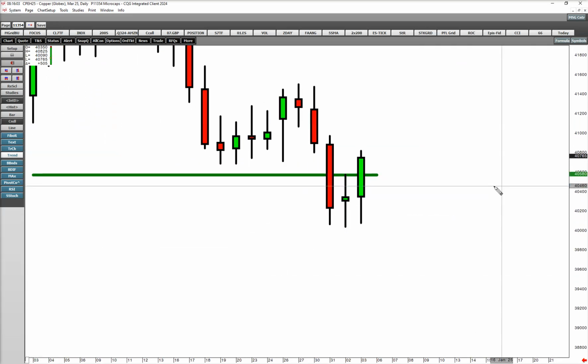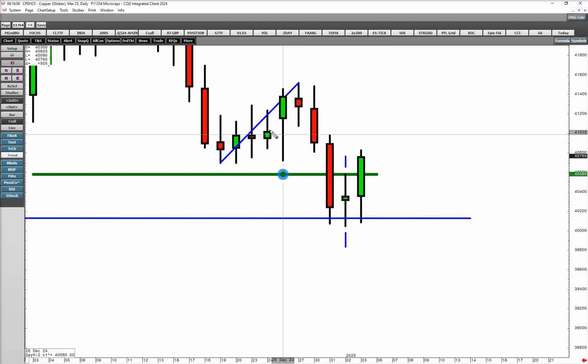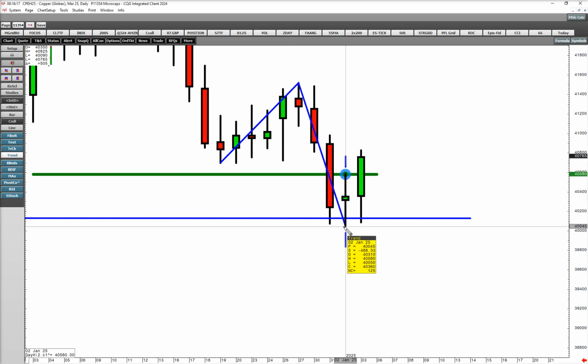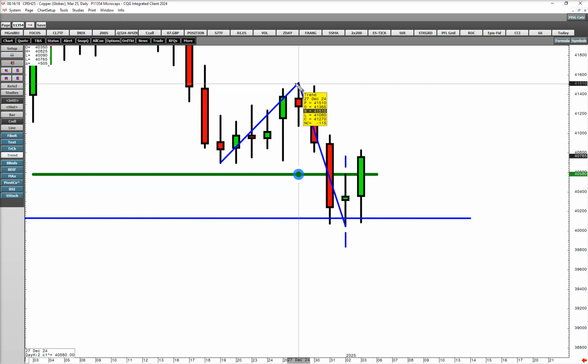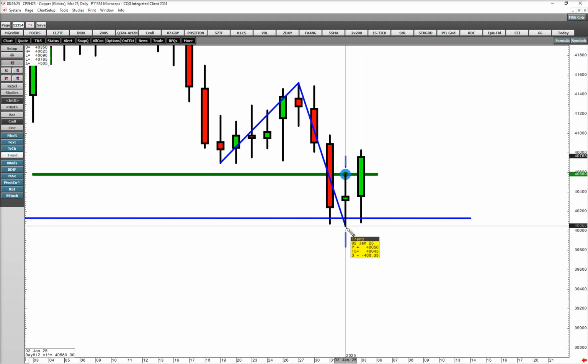But down to the actual nitty-gritty of the trade, this is a downtrend, which is very simply defined as lower highs, lower low, lower high, lower low, lower high, lower low. And then this had a lower high, lower low, but it also had a green body.